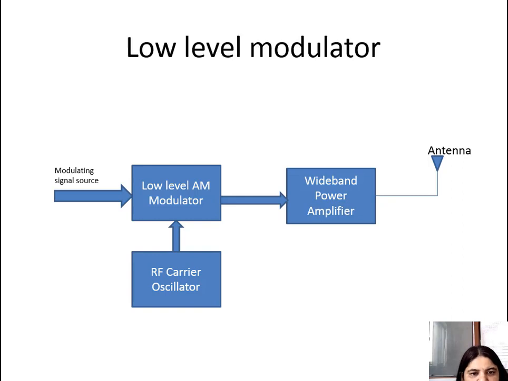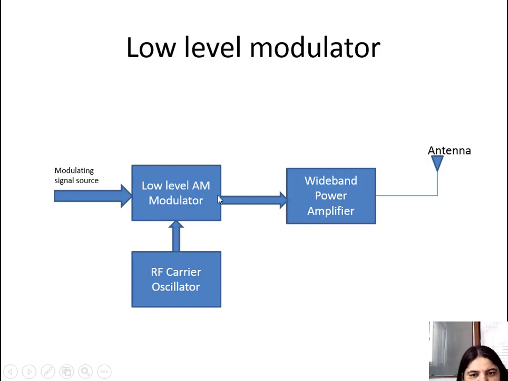Now this is the diagram of the low level modulator. Low level means low power modulator. The modulating signal is applied to the low level modulator. Initially the signals are not amplified and have a low power level.